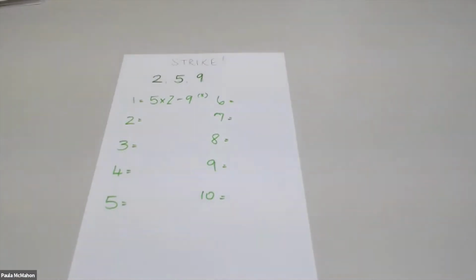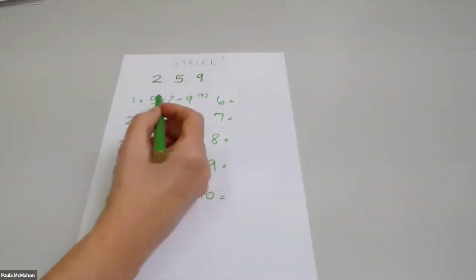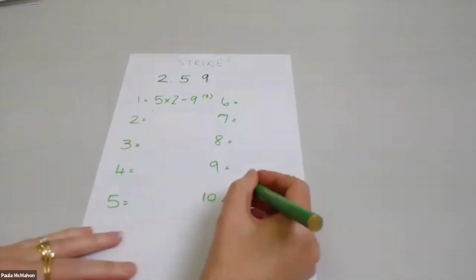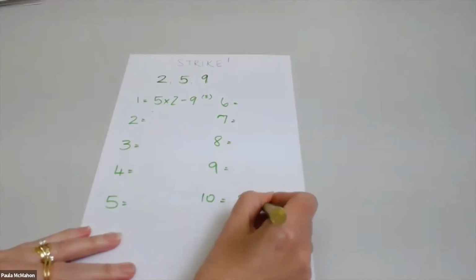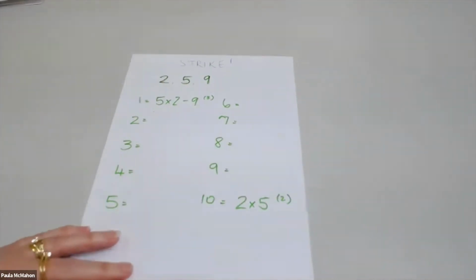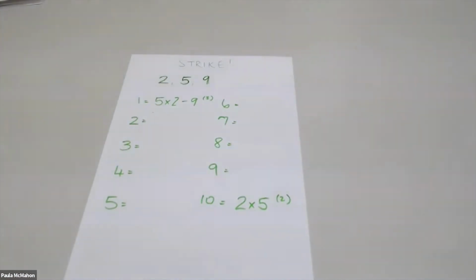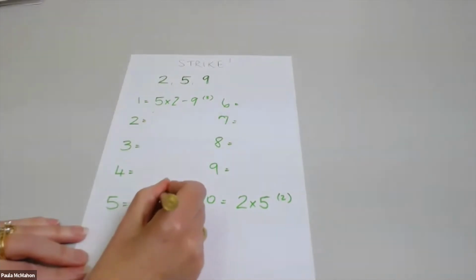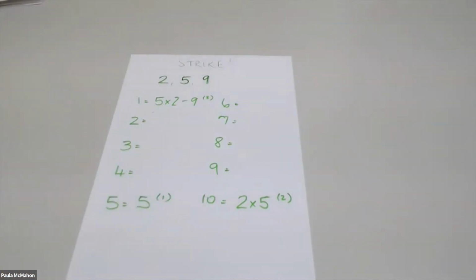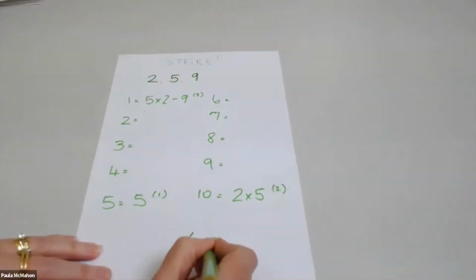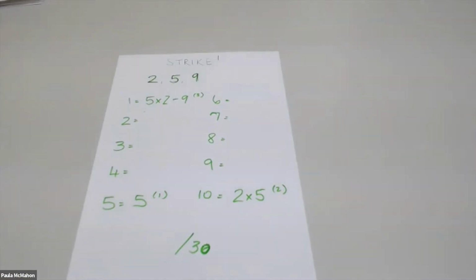I could score a maximum of 3 points for each number sentence. I could score 2 points, so I could do 2 times 5 is equal to 10, and this would score me 2 points. I can't think of a way to make 5, and so 5 is equal to 5. It would give me 1 point. The maximum points in strike is 30.